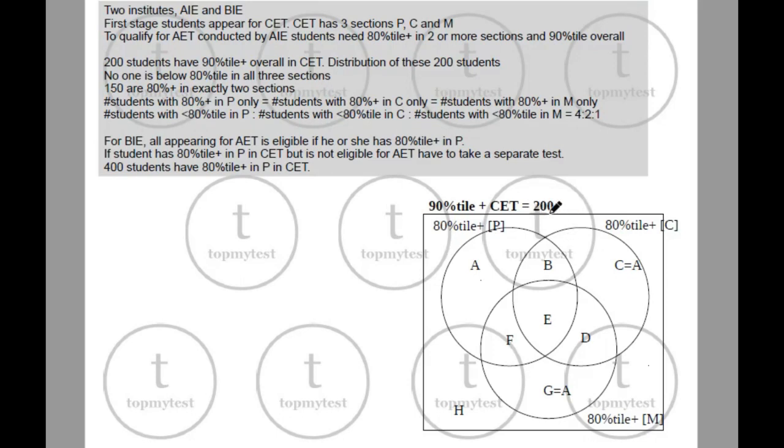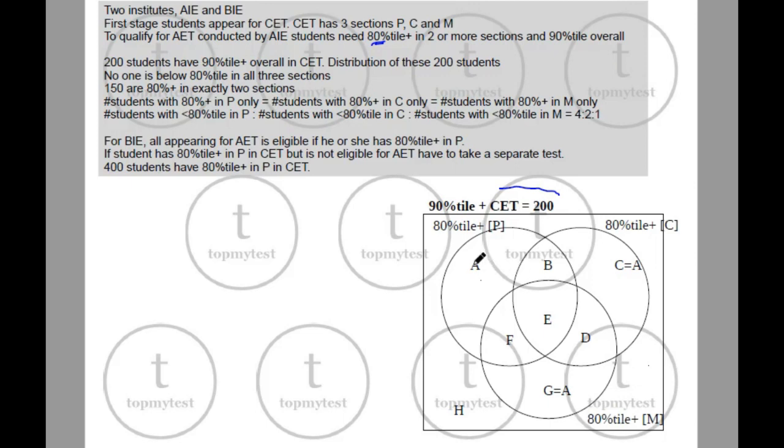This is 200. So 200 people have 90 percentile or higher in CET. Now, to qualify, you need 80 percentile plus in 2 or more sections. So this is a region where people have 80 percentile or more in physics. This is a region where you have 80 percentile or more in chemistry. This is where you have 80 percentile or more in maths.